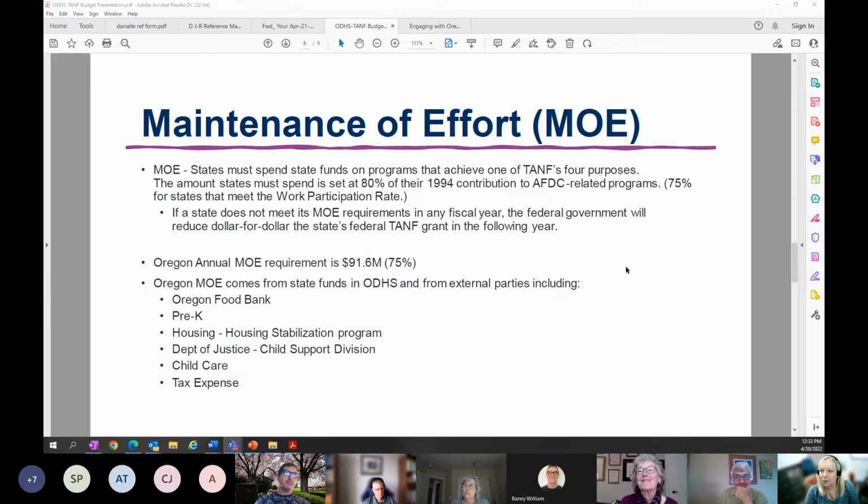You may be getting more into detail on the requirements of maintenance of effort than what I can answer. I can answer that in part. This is Patty Whitney Wise, and I was here when that happened with the Oregon Food Bank. I thought it was also the money that the state gives to the Oregon Food Bank for the emergency food system too that counted, and that they included some of the volunteer as well.